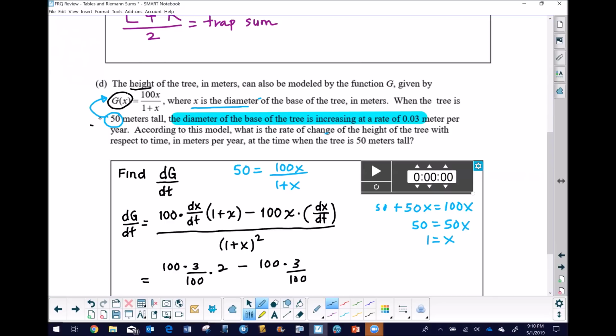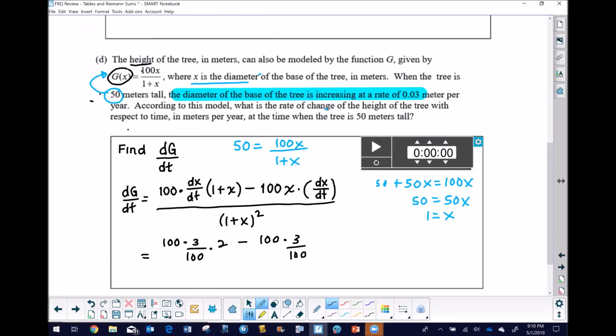We could have factored out that dx dt as well. And the denominator is, I want to say it's 4. Is that right? 1 plus 1 squared. And then this thing will simplify pretty nicely. The hundreds cancel. You've got 6 minus 3, which is 3 over 4. And now you've got your dg dt.